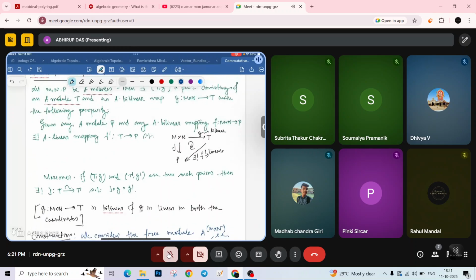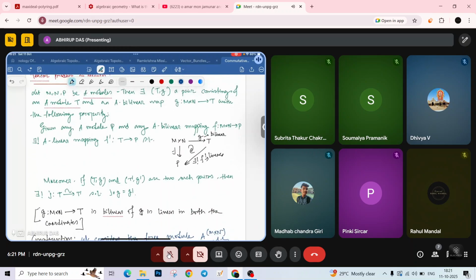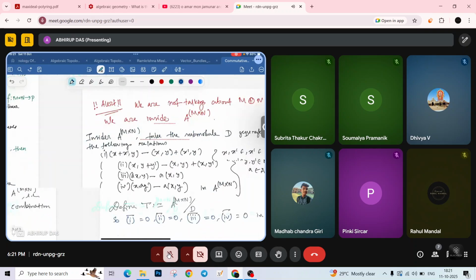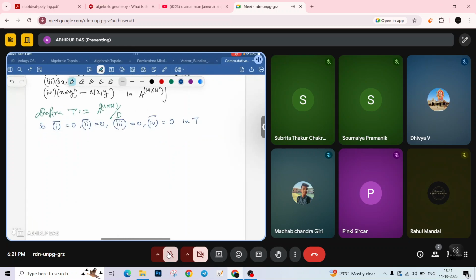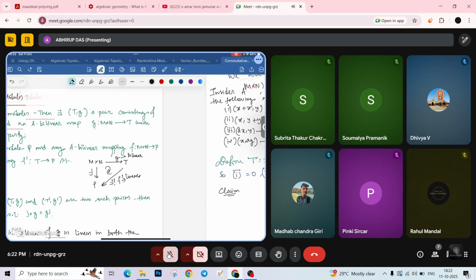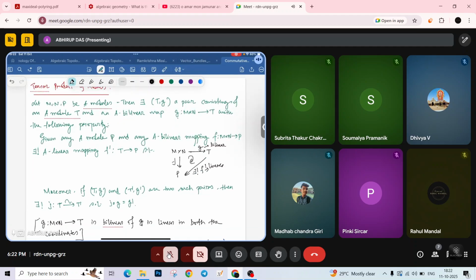But you see, we have only constructed T. We will have to show that g is bilinear. Okay? We haven't yet shown it. We'll have to show g is bilinear and then the universal property. Let me see how far we can go. Claim: the map M cross N to T has to be bilinear.